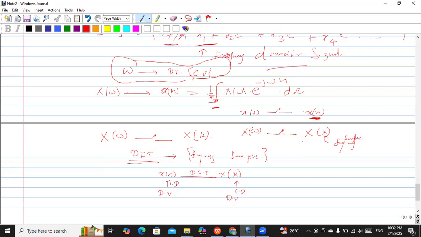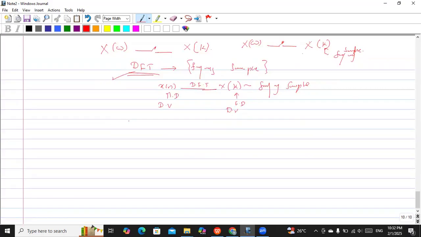So these k are frequency samples. That is the idea of DFT. Once we find the DFT, we will have some frequency samples, not omega. So this capital X[k] represents frequency samples.